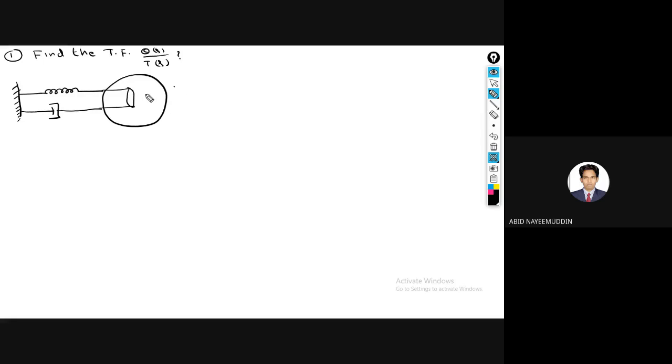This disk has inertia J, with stiffness K and friction B. The other end is connected to the ground. Let T be the applied torque. With that torque, you get a rotational motion, which is known as theta. This is the given question.